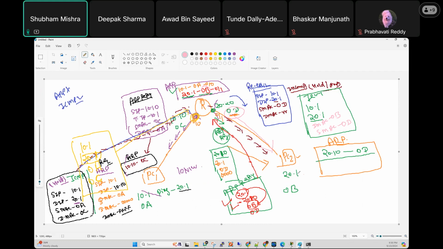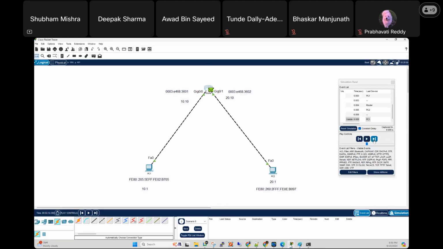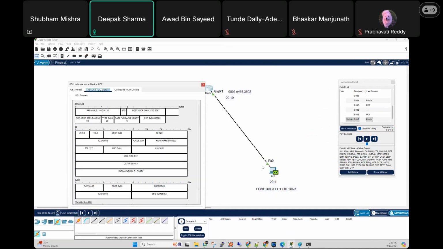What will PC number 2 do? Open it. See here. The packet will reach PC number 2. Inbound, this is the ICMP request packet PC number 2 receives. What will PC number 2 do? PC number 2 will generate the ICMP reply.